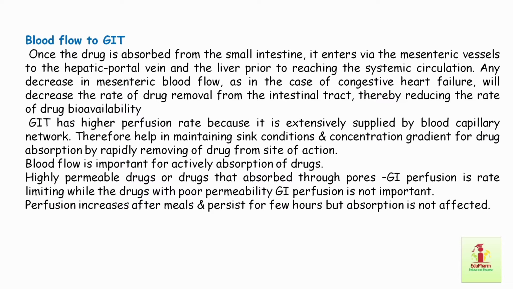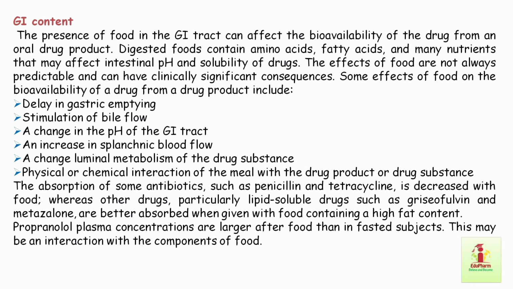The blood perfusing the GI tract plays a critical role in drug absorption by continuously maintaining the concentration gradient across the epithelial membrane. Any decrease in mesenteric blood flow will decrease the rate of drug removal from the intestinal tract, thereby reducing the rate of drug bioavailability as well as absorption.